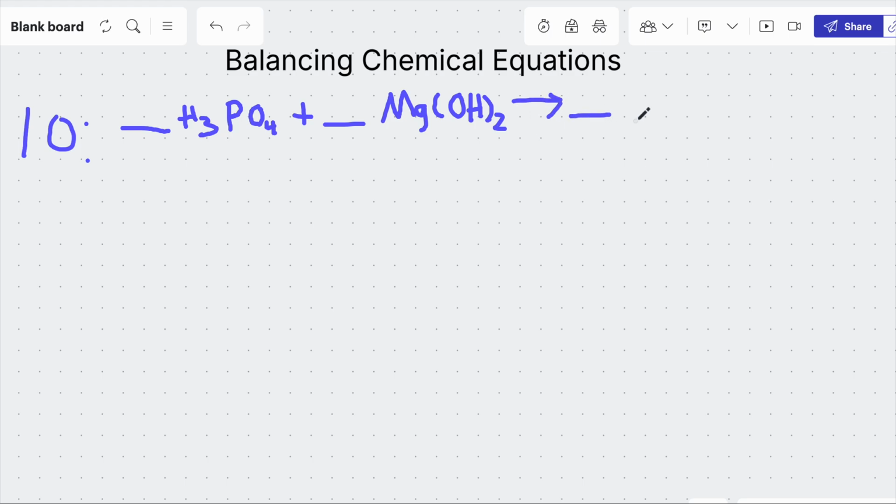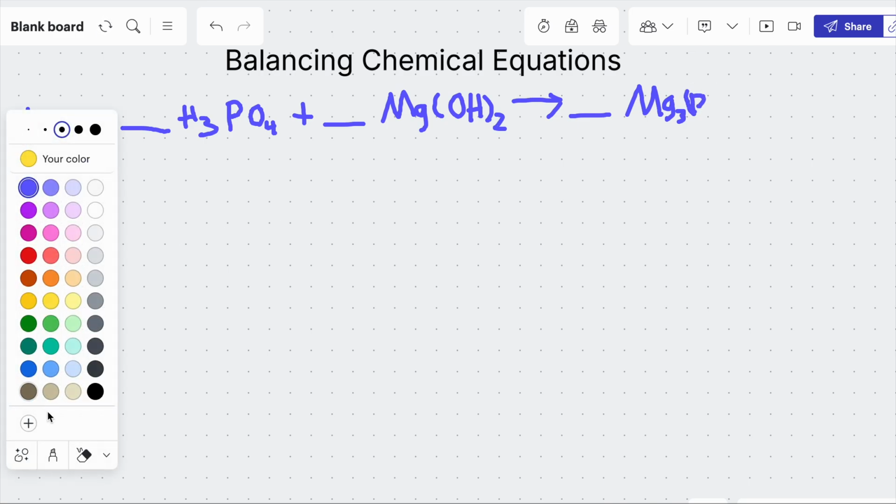Okay, Mg3, parentheses. Okay, hold on, gotta try that again.